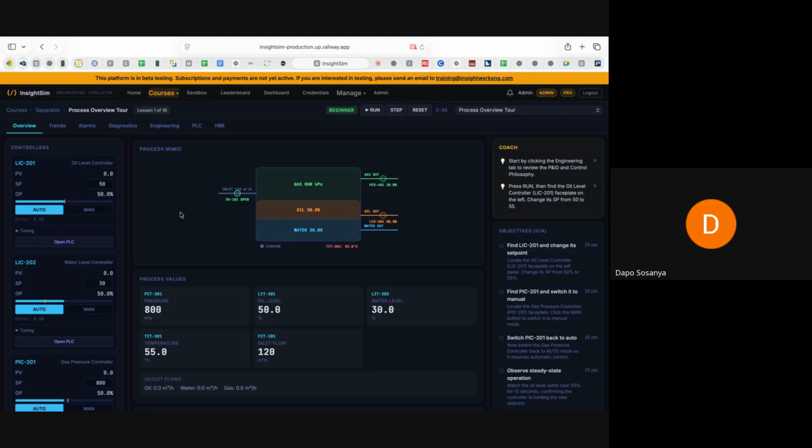Okay, so this is a proper process, right? This is one vessel. Can you see my screen? Yes, sir. Okay, so this is a proper process, right?